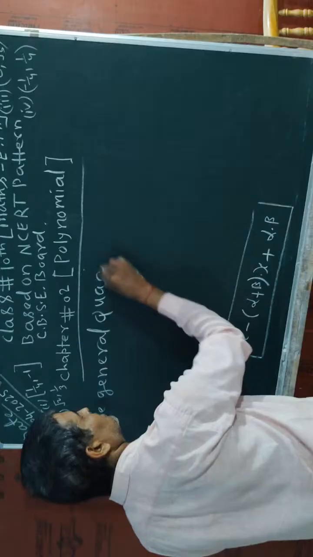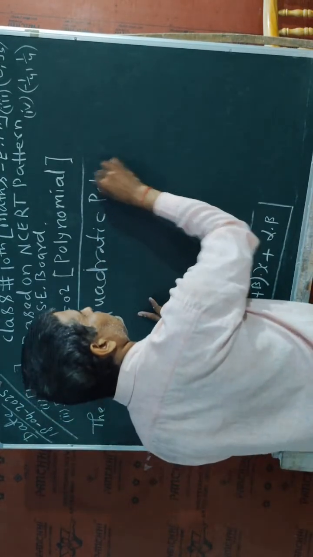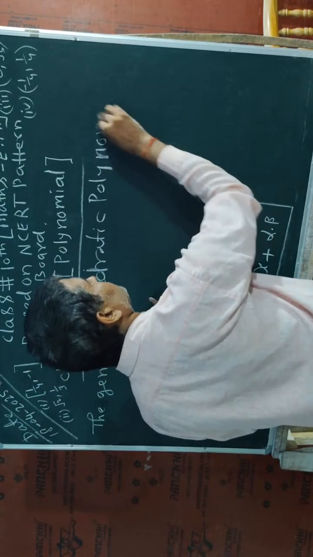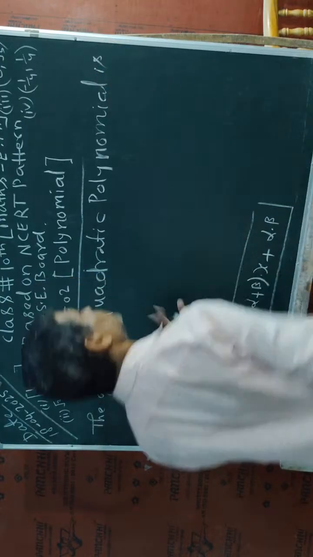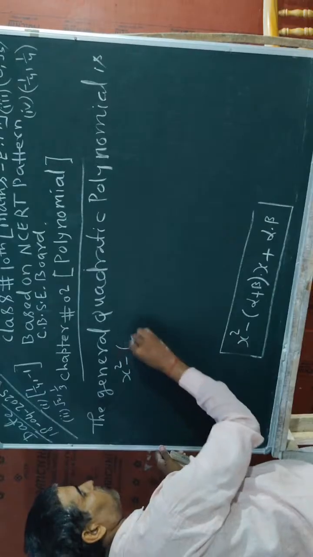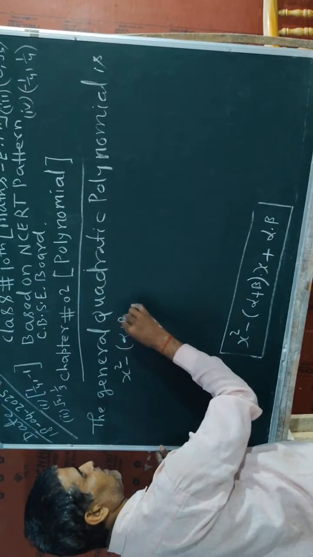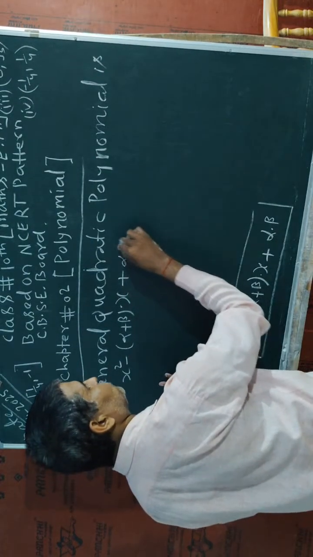The general quadratic polynomial is x square minus alpha plus beta into x plus alpha into beta.